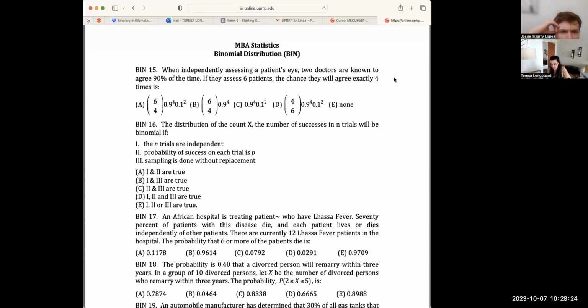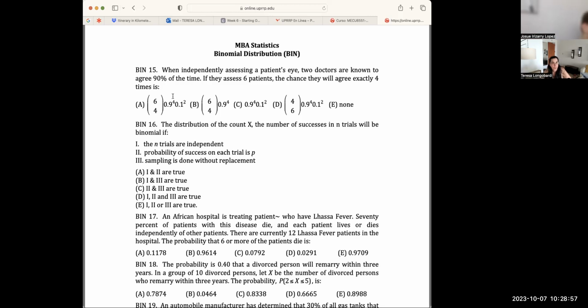How will we define the success? What are we repeatedly looking for in one word? That they will agree. The doctors agree. Agreement, right? So agreement is the success. Okay, and what's the chance that they agree? 90%. If they assess 6 patients, the chance they will agree 4 times.